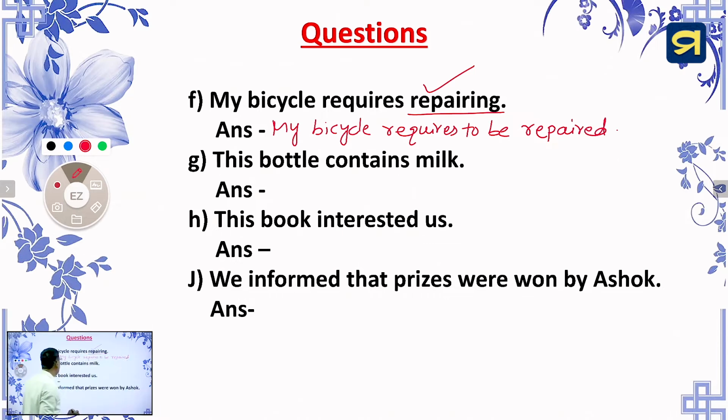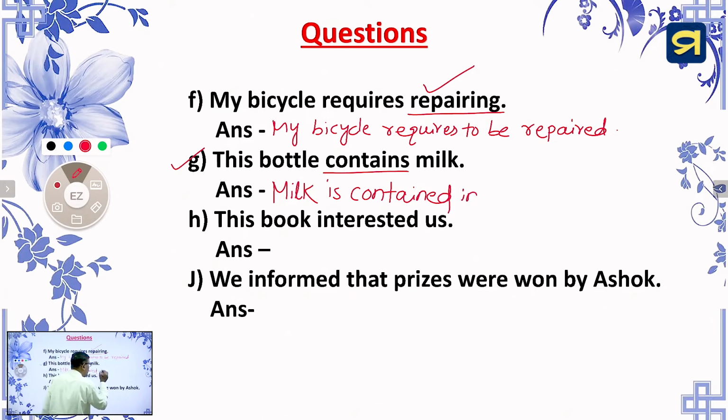Okay? Then G. This bottle contains milk. Which one is the object in the sentence? Milk. Very good. Milk is followed by is, because milk is the what? Uncountable noun. So a singular verb is used. Then the third form of the verb contain, contained. Milk is contained in this bottle, not by this bottle, in this bottle.